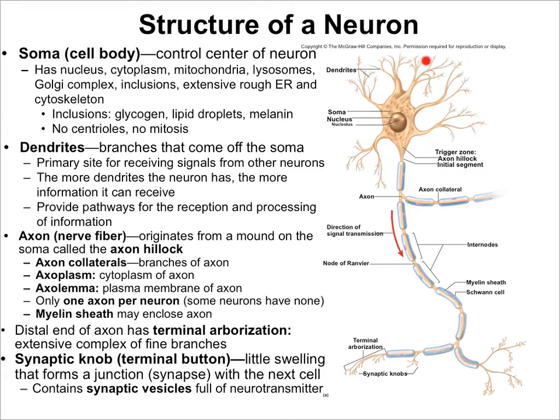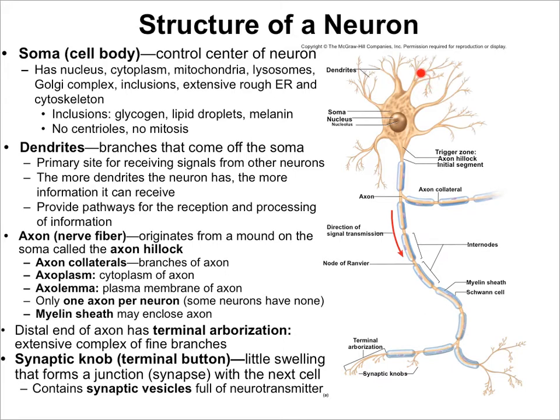This neuron, as I said, is a motor neuron. And one of the ways you can tell is because its myelin sheath is made from Schwann cells. And Schwann cells are what myelinates the peripheral nervous system.